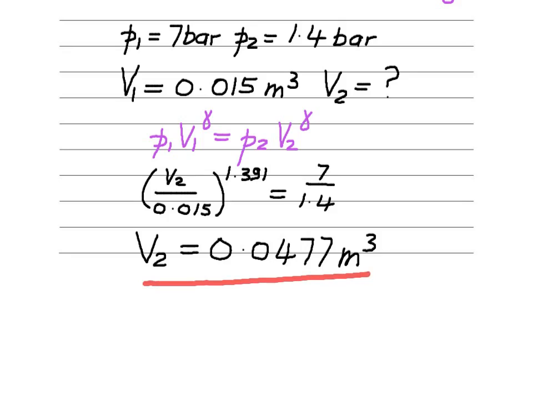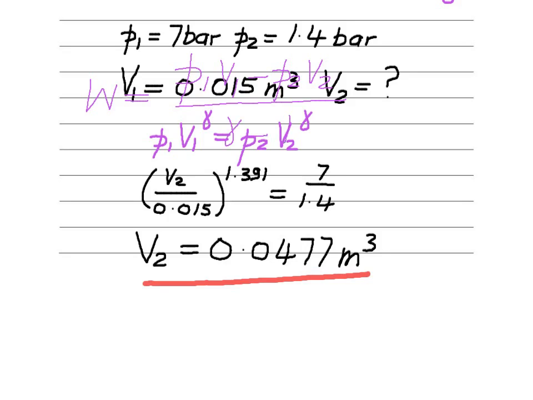We now proceed to calculate the work done. The work done, W, we make use of the formula: work done is equal to P1 V1 minus P2 V2 over gamma minus 1.